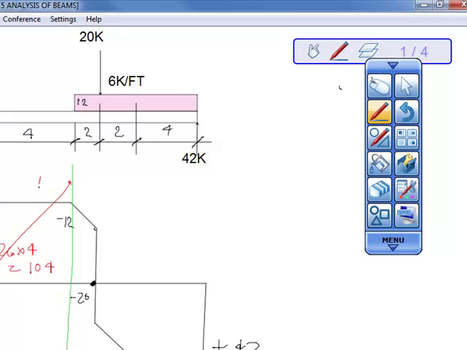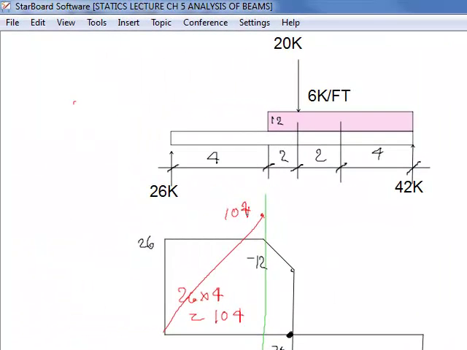Okay, that's 104. Then you have the beginning of your evenly distributed load, and the maximum moment occurs at the point of zero shear, which is right there.